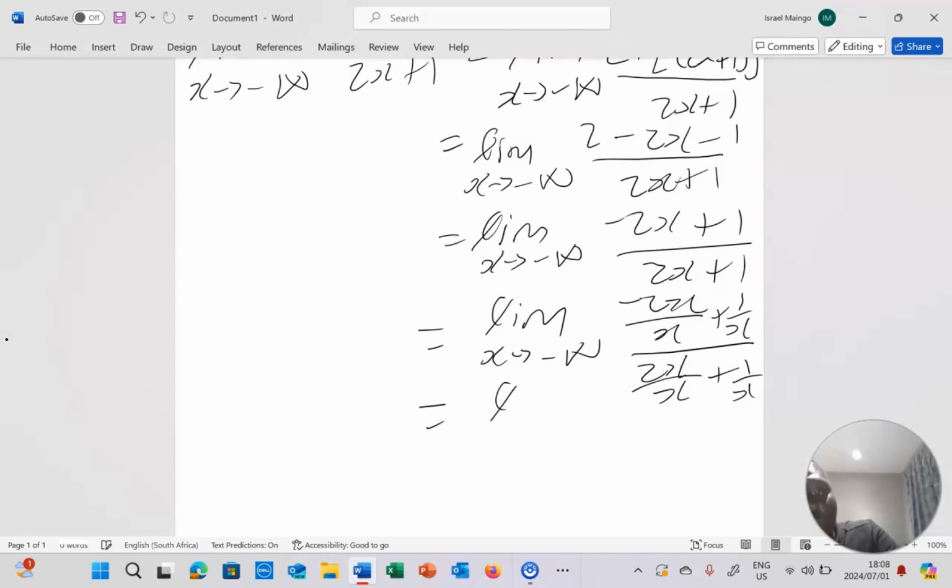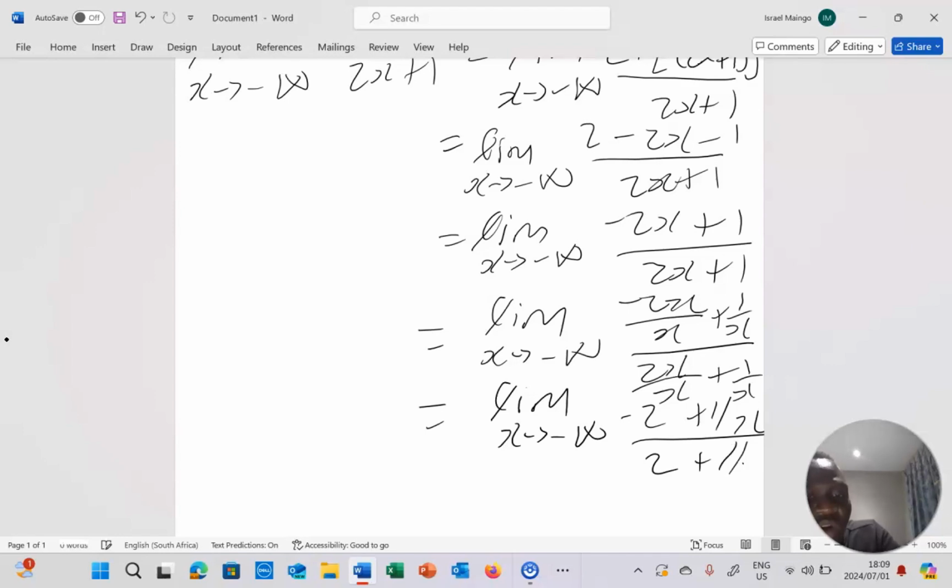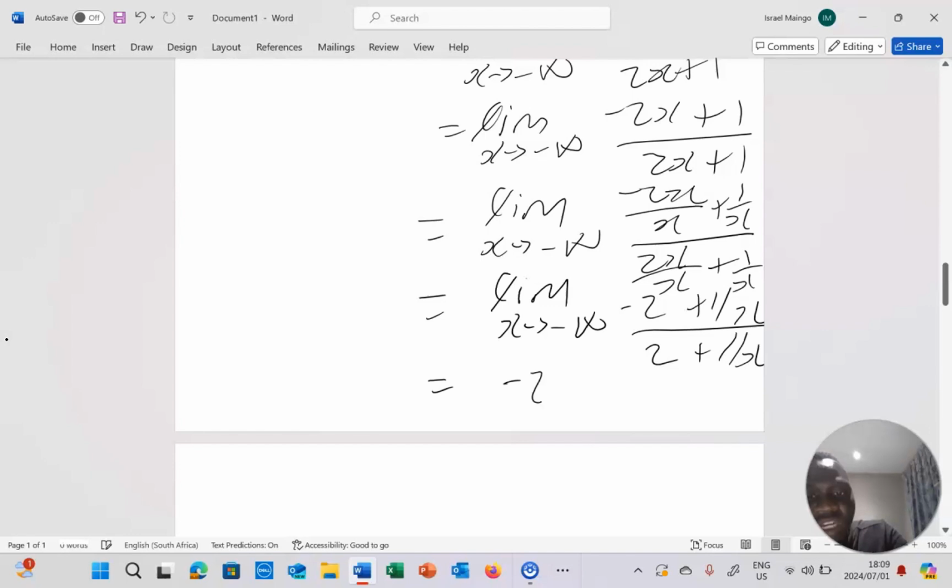This will be equal to the limit as x approaches negative infinity of negative 2 plus 1 over x all divided by 2 plus 1 over x. So this will be minus 2 plus the limit of 1 over x, which is 0 as x approaches negative infinity, over 2 plus 0. This is just equal to negative 2 over 2, which is negative 1.